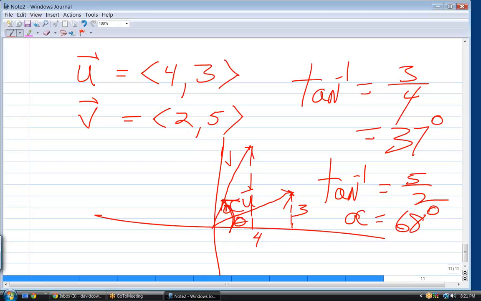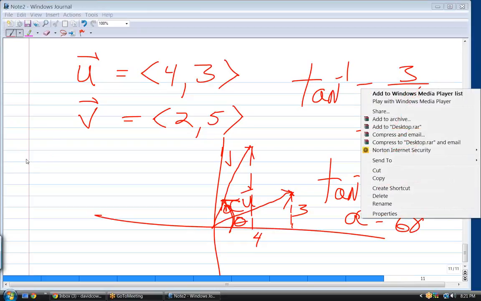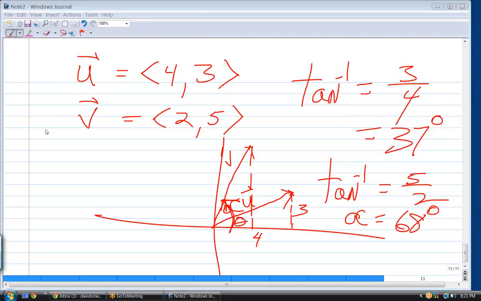My book pages fell apart. The angle between two vectors. Hold on a moment.